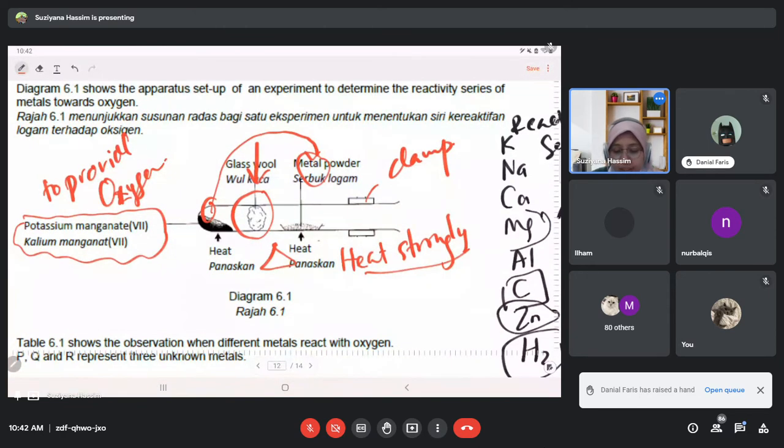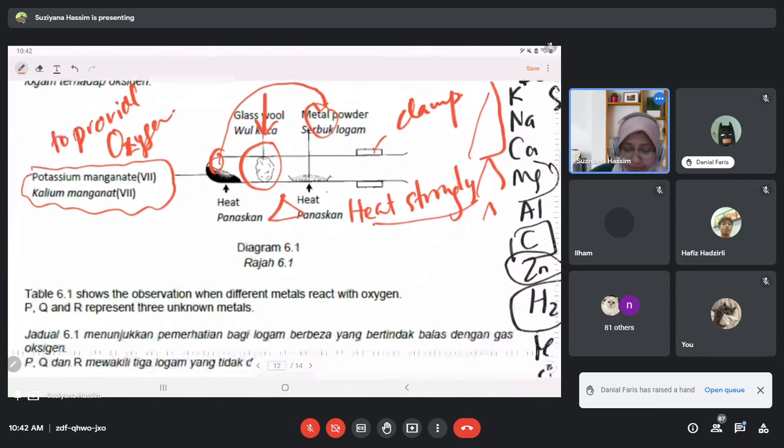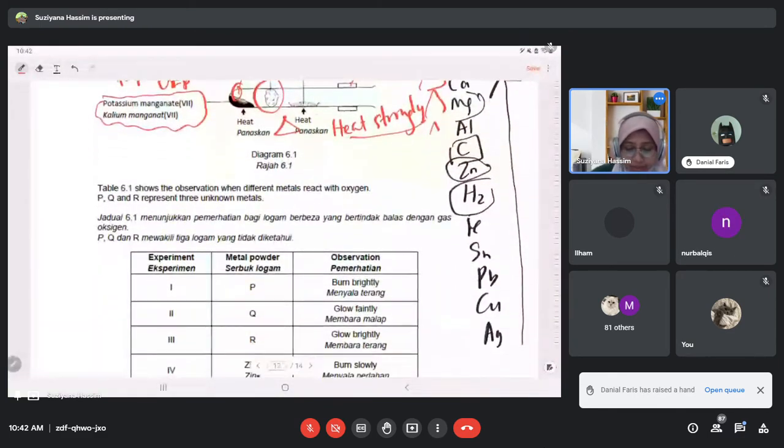Let's go. Experiment to determine the reactivity series of metals towards oxygen. As I mentioned just now, when going up the reactivity series of metals, the flame is brighter.